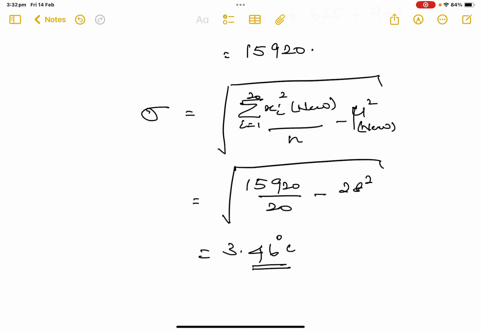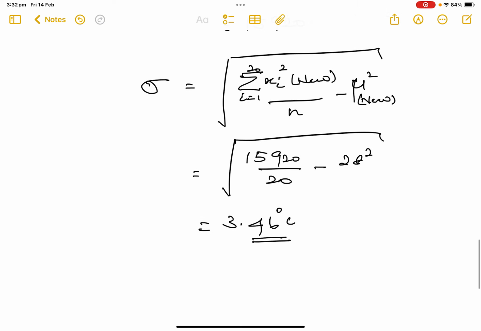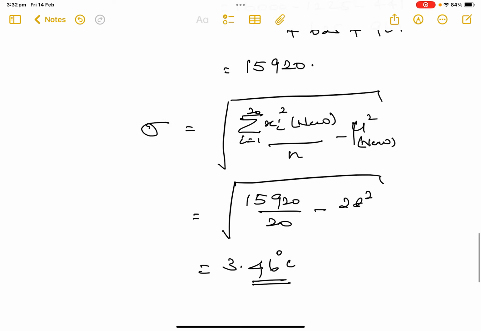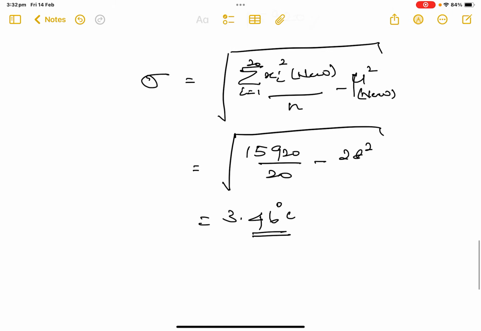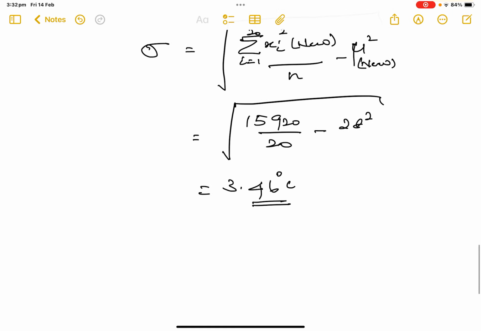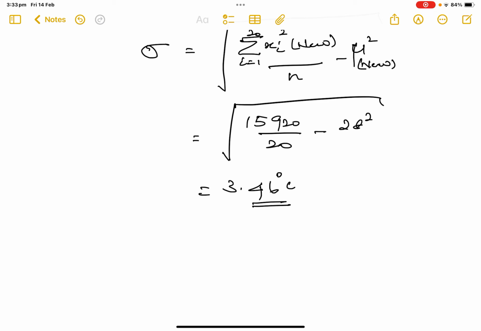Even though mu new and mu old are the same, I just wanted to keep it as new so that we can understand properly. So sigma is the square root of 15,920 divided by 20, minus 28 squared. Then the rest is calculated.